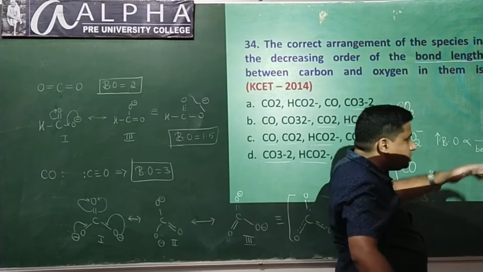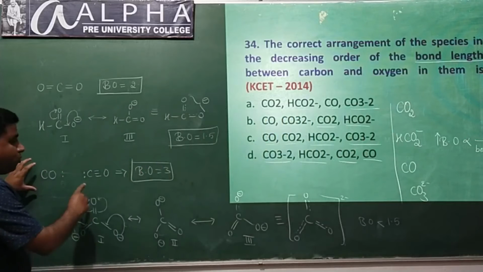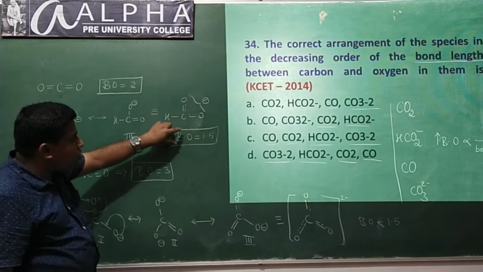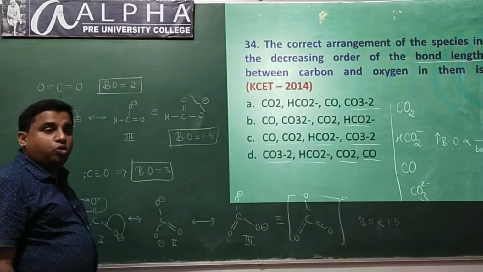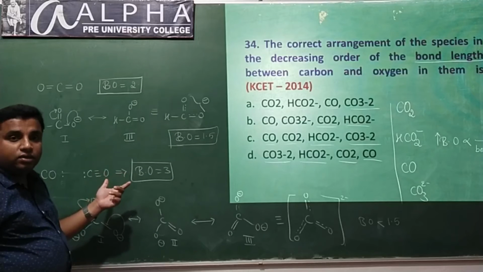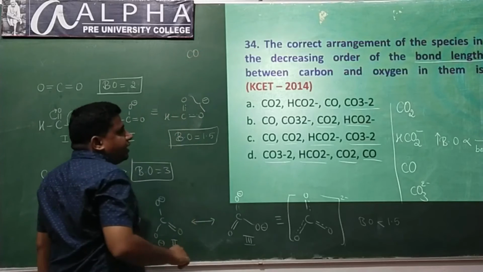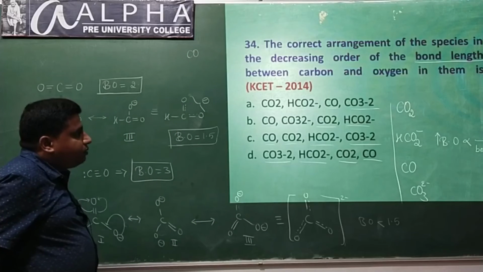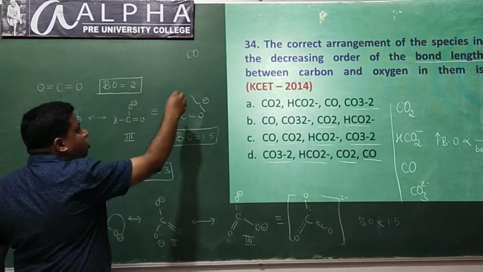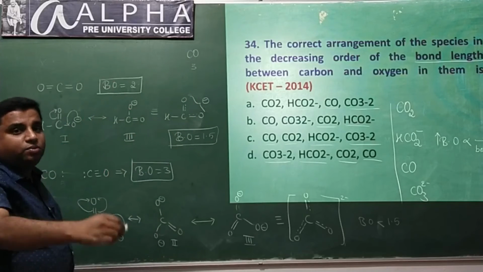Carbon monoxide has bond order 3, then 2, then 1.5, and then less than 1.5. So more the bond order, lesser the bond length, and carbon monoxide has the least bond length.